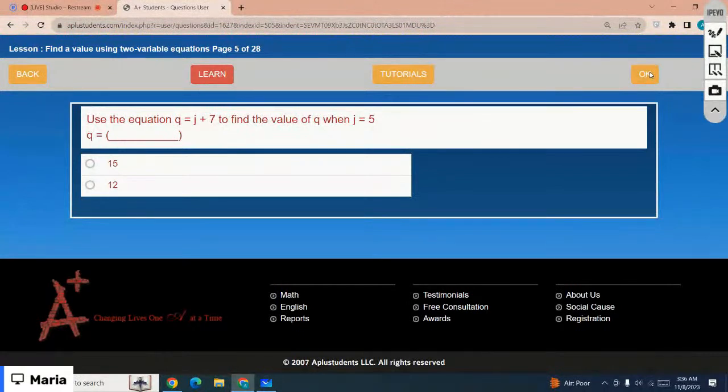Which is the correct option? The correct option is 12. You have to simply add.